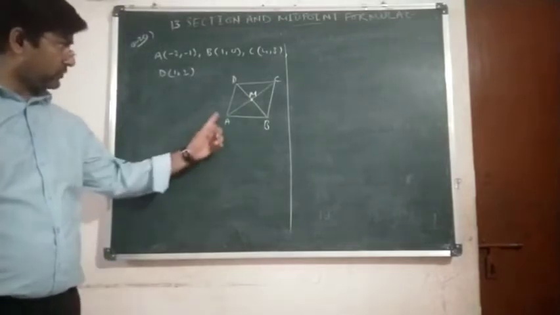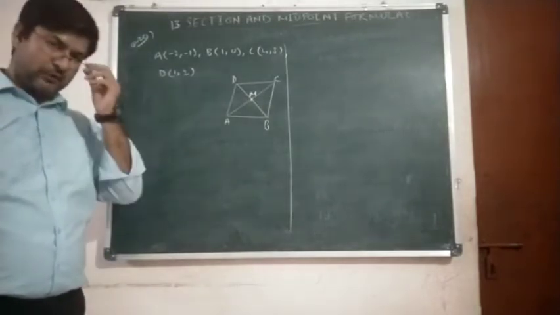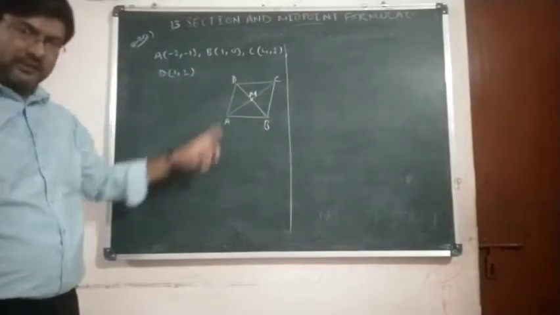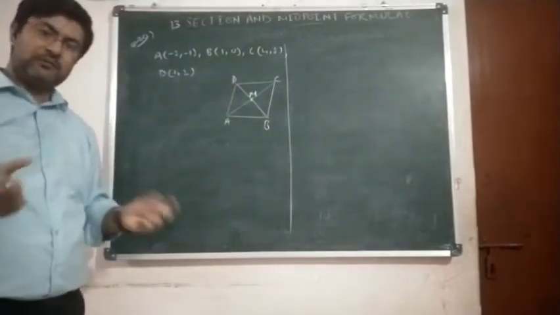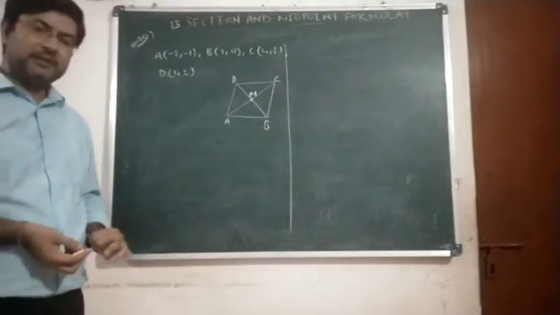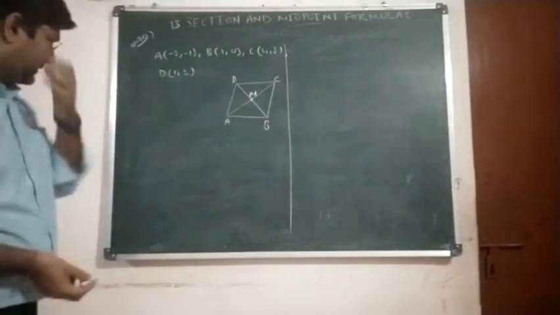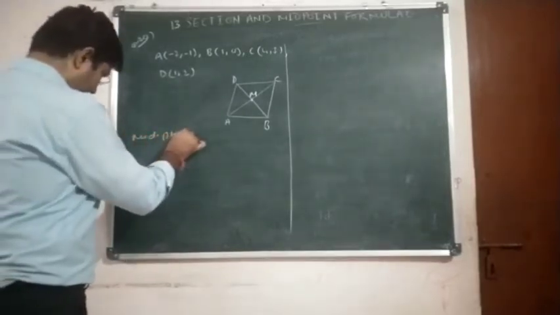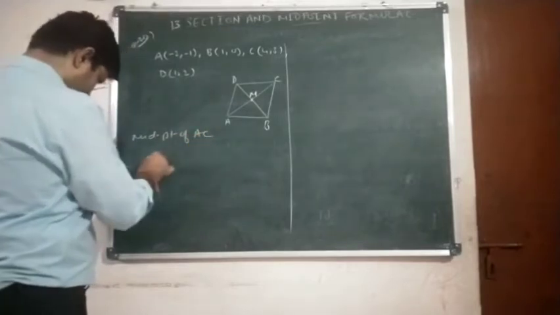So if you want to show that ABCD is a parallelogram, then we will find the midpoint of AC and midpoint of BD separately. If both the values are equal, then we can say that ABCD is a parallelogram. Yes or no? So let us find out here the midpoint of AC.